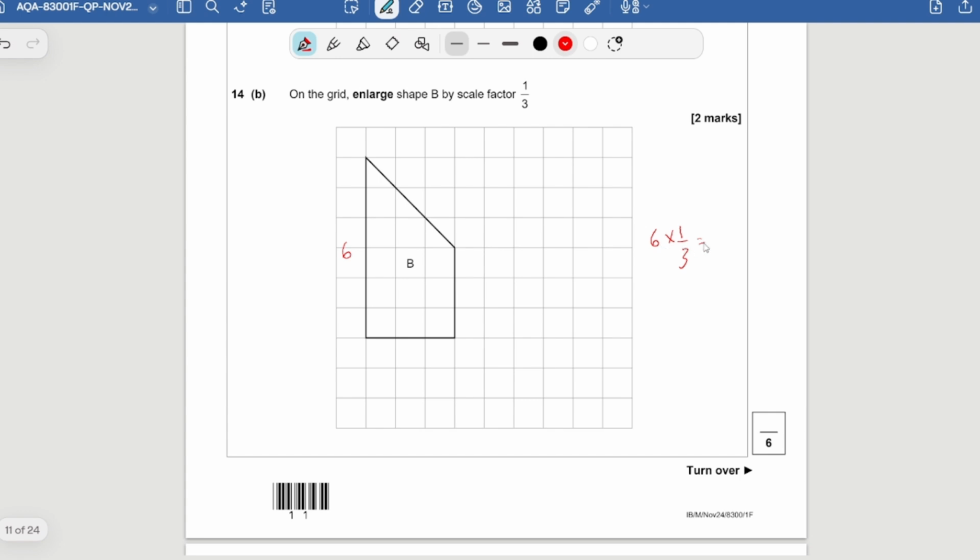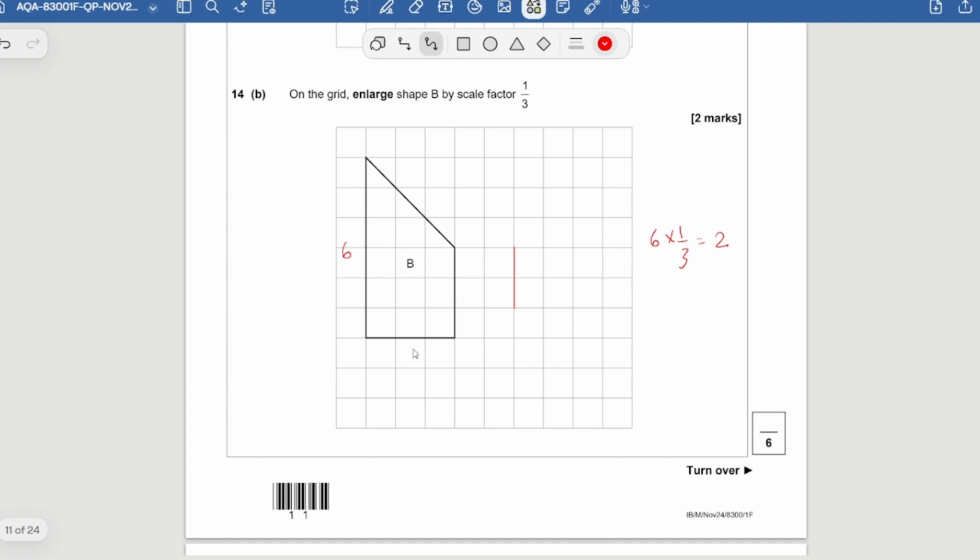So 1/3 of 6 is 2. So the transformed shape will have a length of 2 units now. So let me draw it as a straight line. So this length is now 2 units.